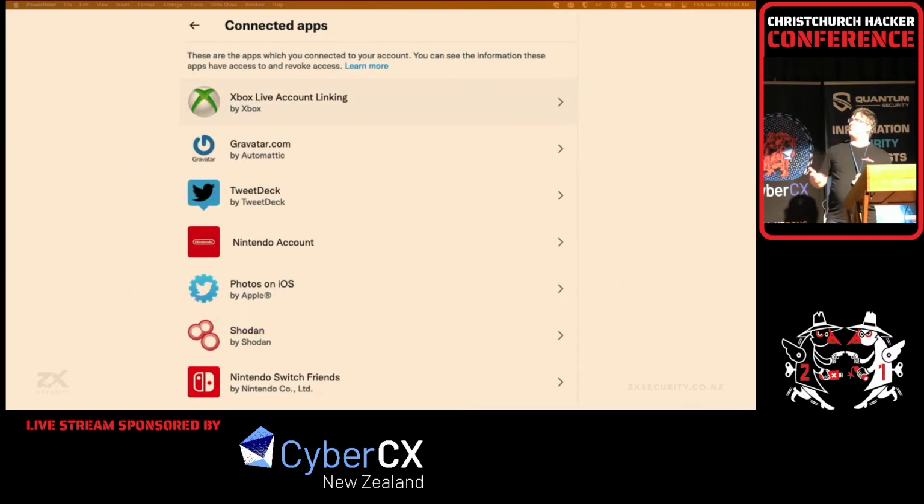And what that ends up looking like to the user is something like this. A lot of applications will have this sort of connected apps thing. This usually maps quite well to what refresh tokens have actually been issued. And it provides an area where you can revoke those refresh tokens, so that when the JWT expires, there are no more JWTs because the refresh token doesn't work.